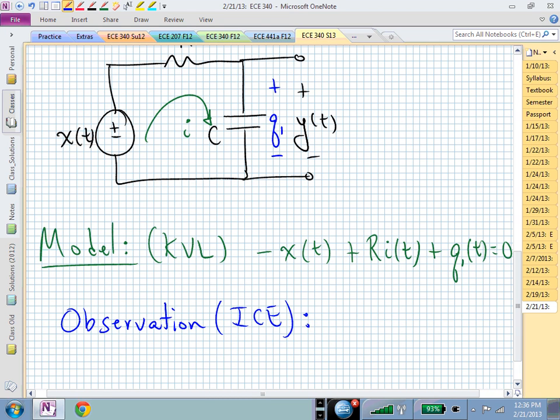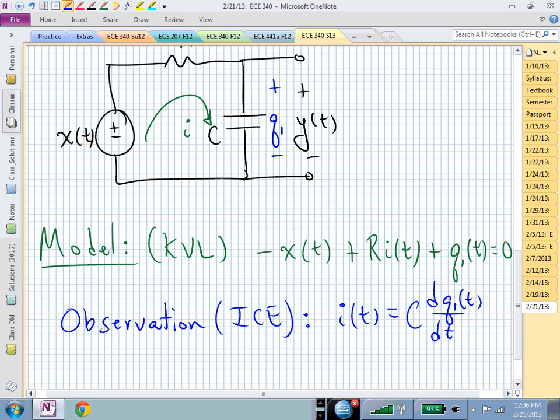It turned into snow, but now this ice is for our capacitor, which says that the capacitor current, which in this case, since it's a series circuit, is just the i that we defined, is equal to C times the derivative of the capacitor voltage, which is q sub 1.